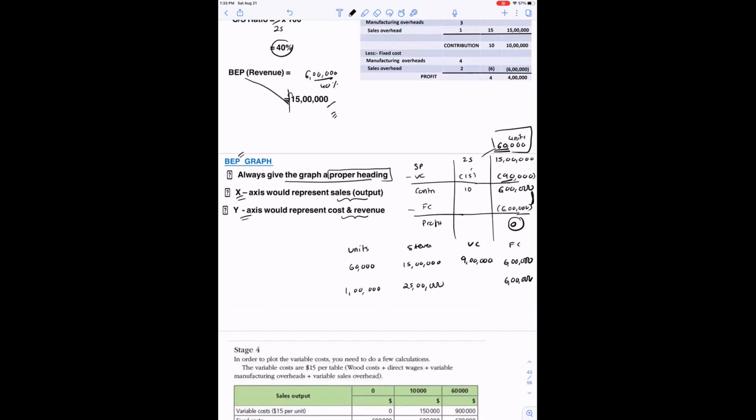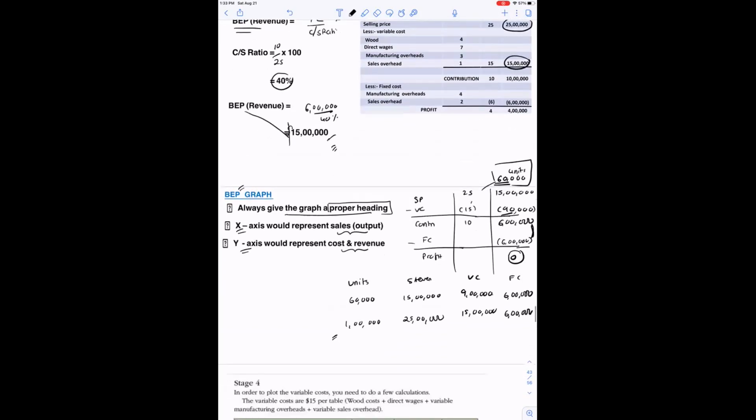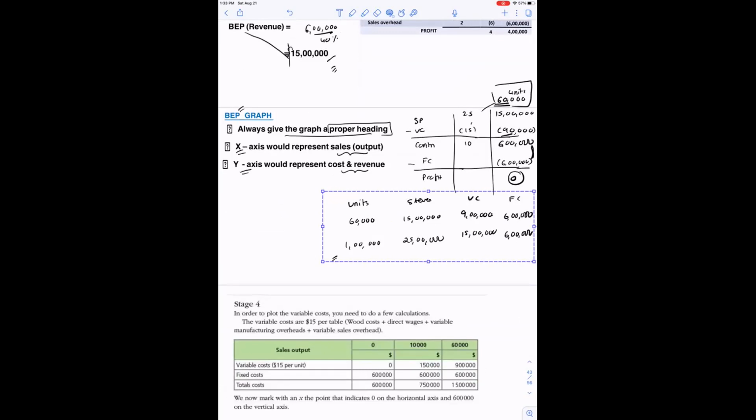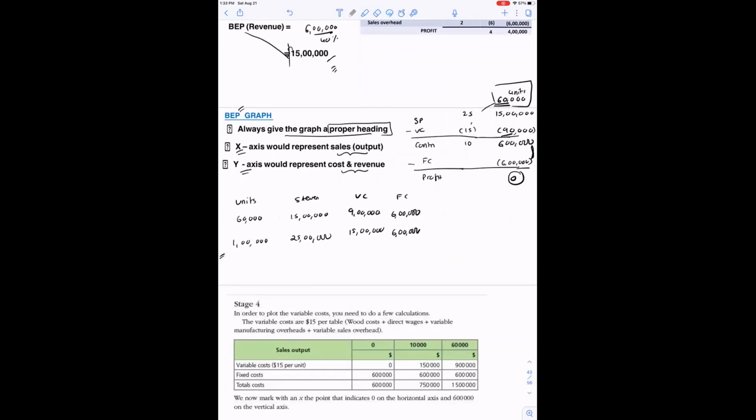Variable cost at 1 lakh units is how much? 15 lakhs. Total cost would be the total of all this. Let's find the total cost. 9 lakh plus 6 lakh, 15 lakh. 15 lakh plus 6 lakh, 21 lakh.